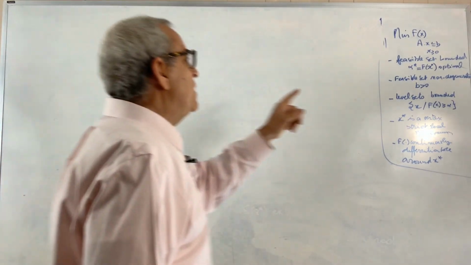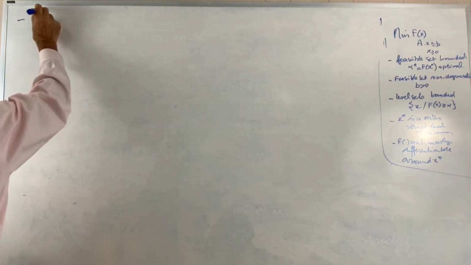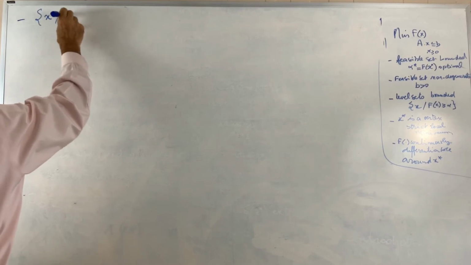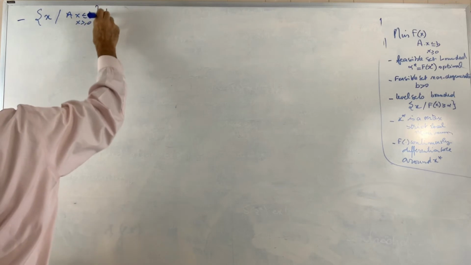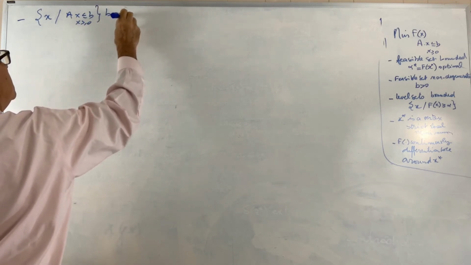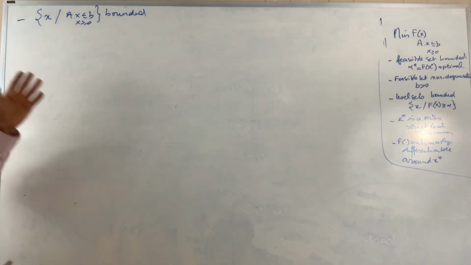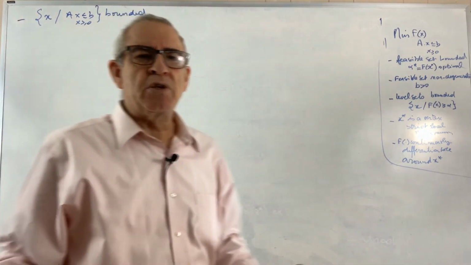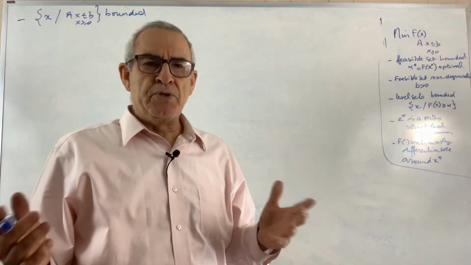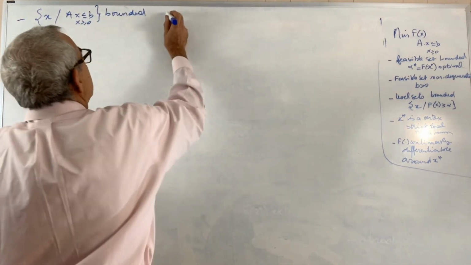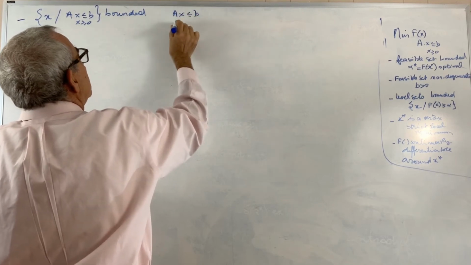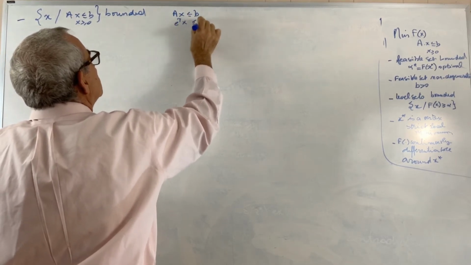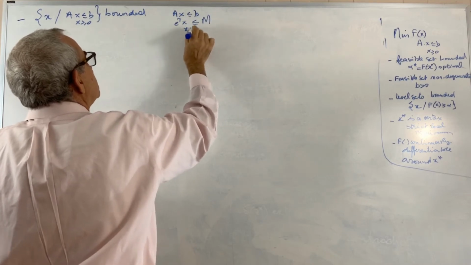Okay, so the first thing is the feasible set is bounded. We assume that the set of x such that Ax less or equal to b, x greater or equal to 0, is bounded. Well, in a practical situation, if we suspect that the feasible region is unbounded, then we could always add a constraint: Ax less or equal to b, E transpose x less or equal to big M, and x greater or equal to 0.